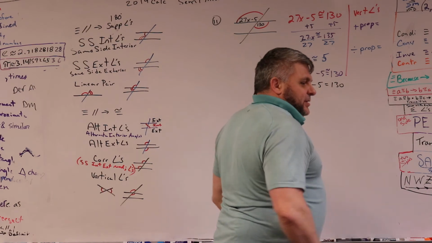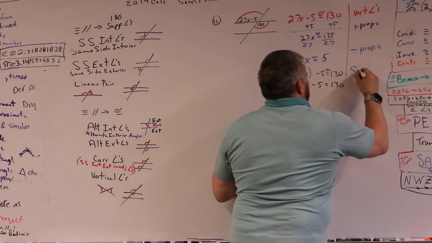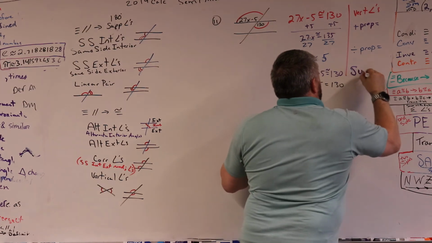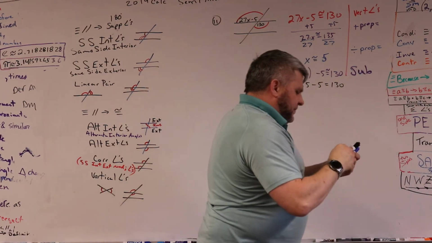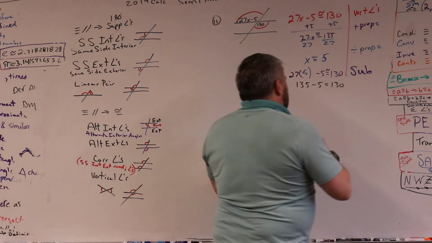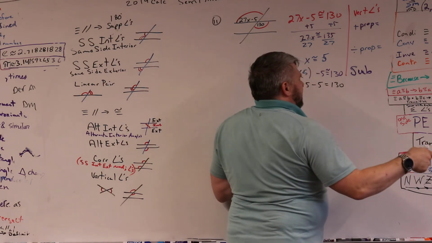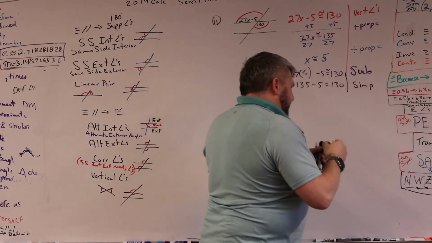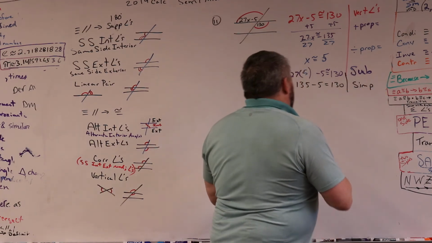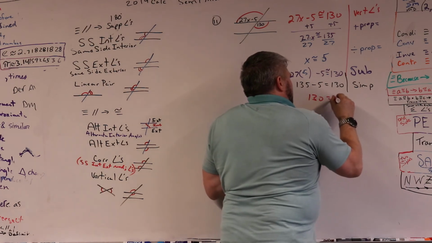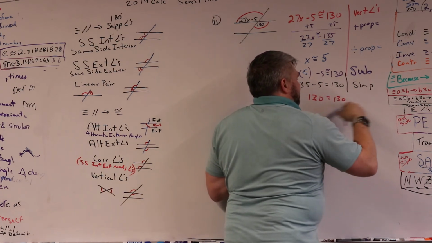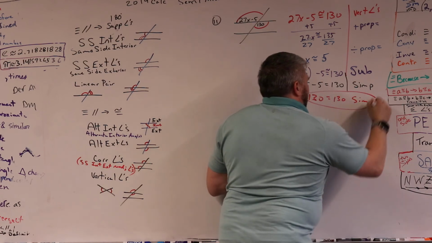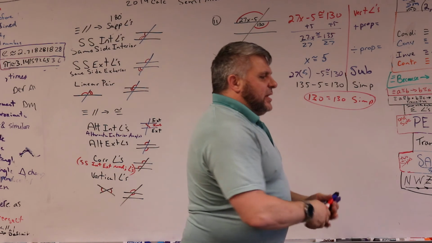Substitution. And then what's the black part? We simplified, right? And then we continue to simplify, right? To get 130 equals 130. Okay? And so that's our proof that the angle is 130 degrees.